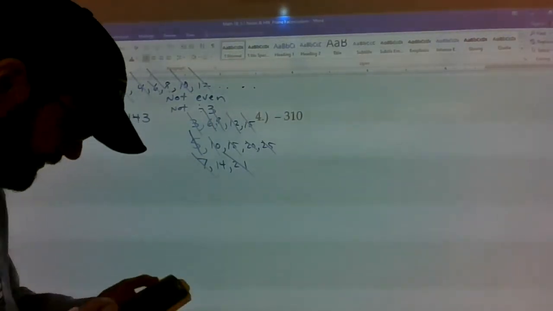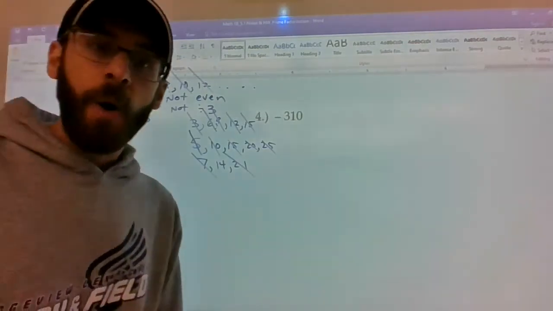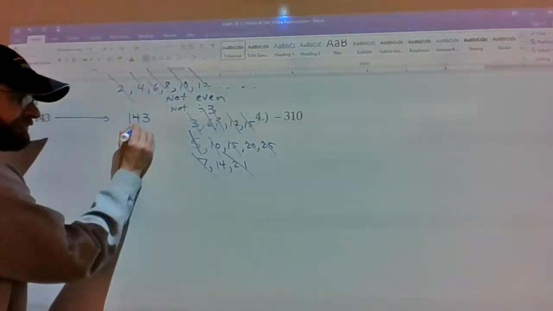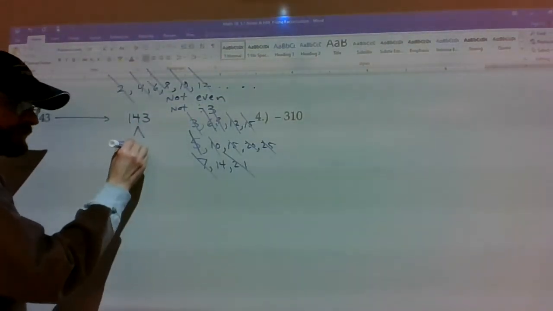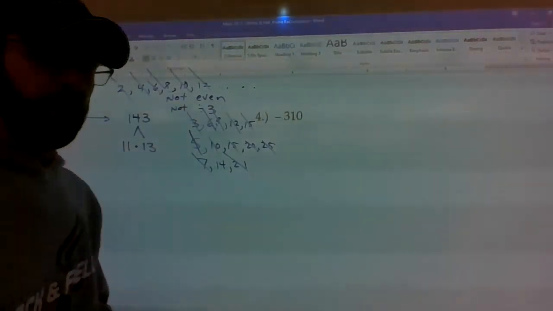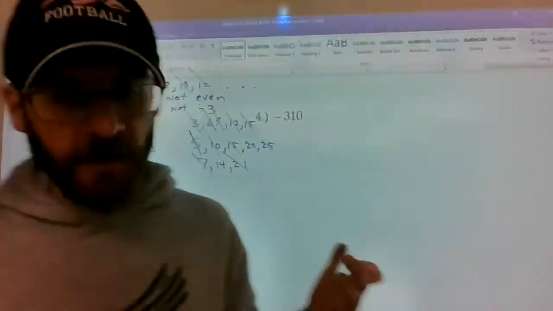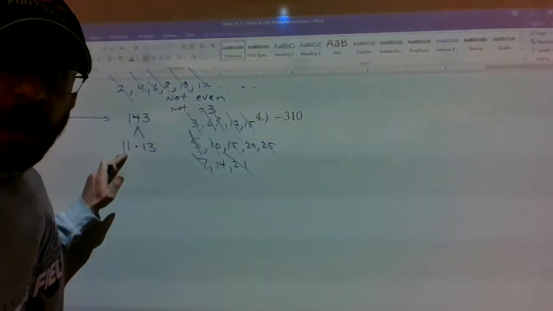Let's try 11. 143 divided by 11. Thank goodness. 143 divided by 11 equals 13. So if 143 divided by 11 equals 13, we have to take a look here. 11 ends up being a prime number.